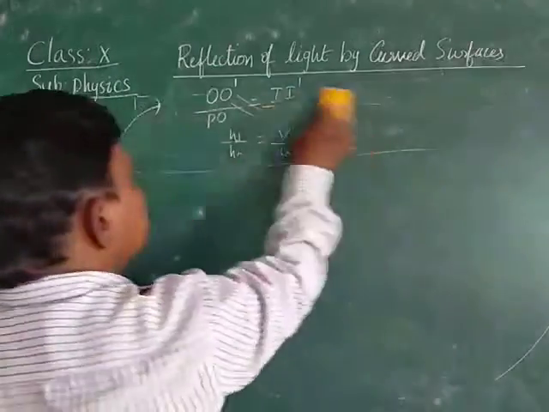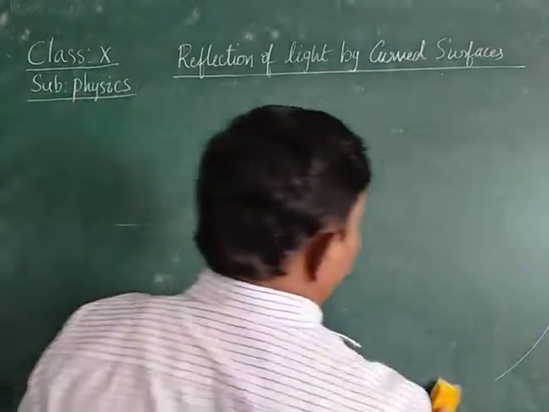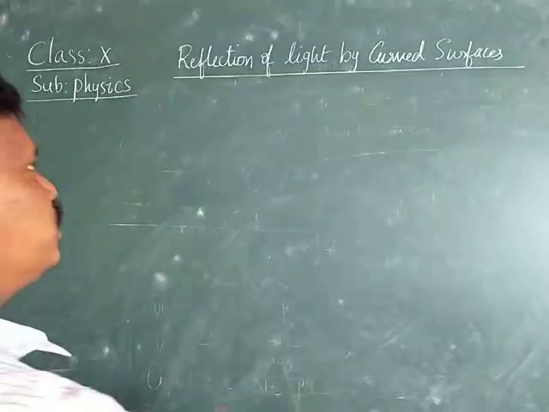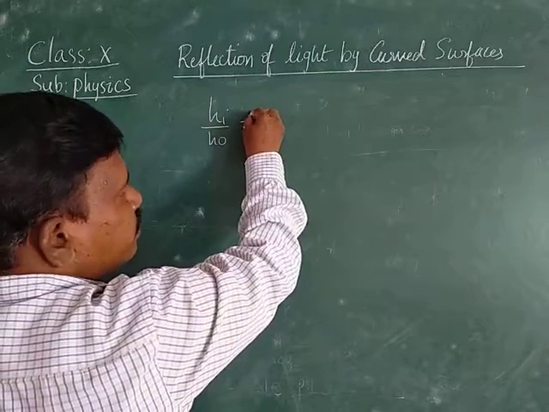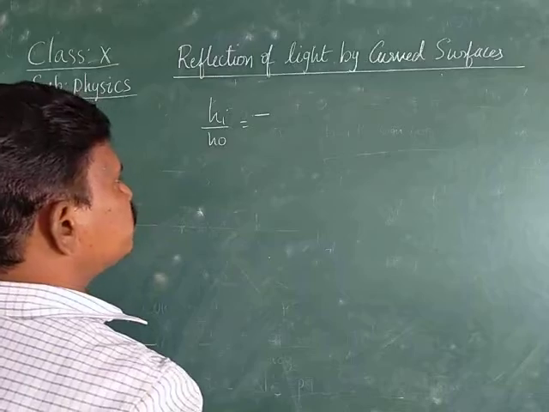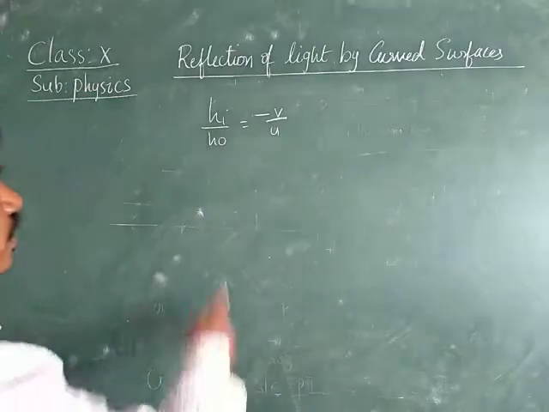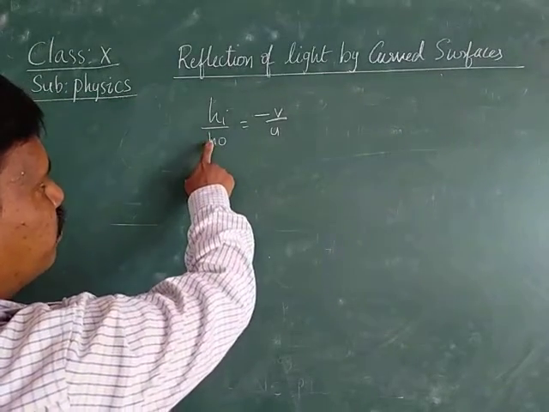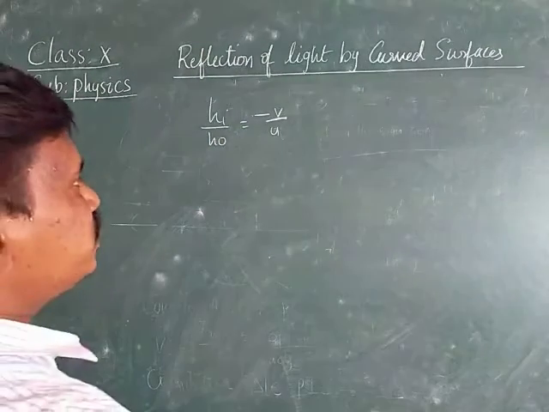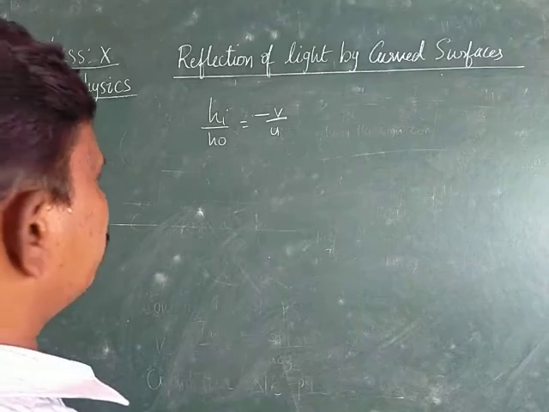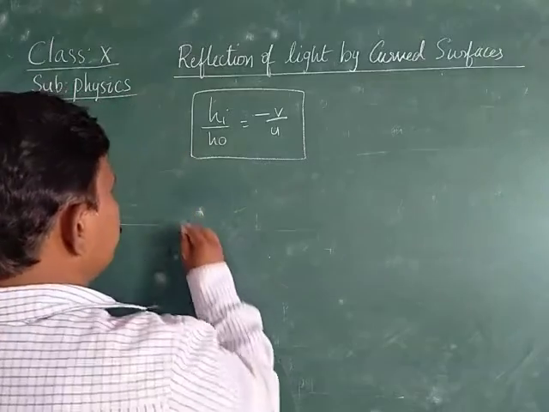The magnification formula states that the ratio of the height of the image to the height of the object is equal to the negative ratio of the image distance to the object distance. This is the magnification formula.